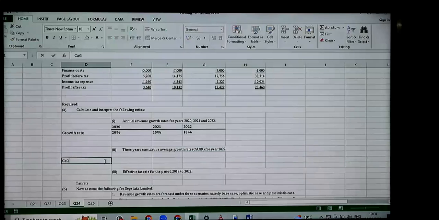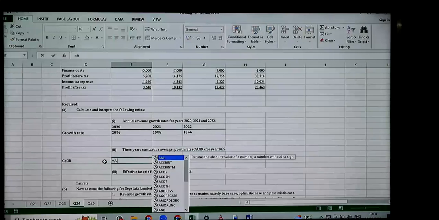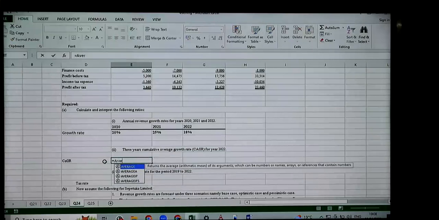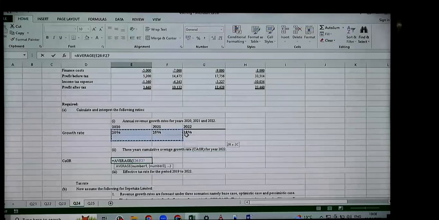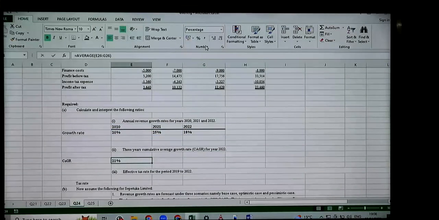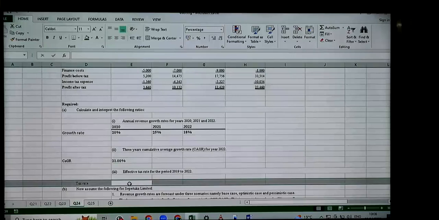So our CAGR will be equals, you type AVERAGE, you press tab, then you select, because it's for the 3 years, 2022, 2021, and 2020. Control Enter, Control B. Then maybe I can add 2 decimal places. Okay, then we go to Shift Space.